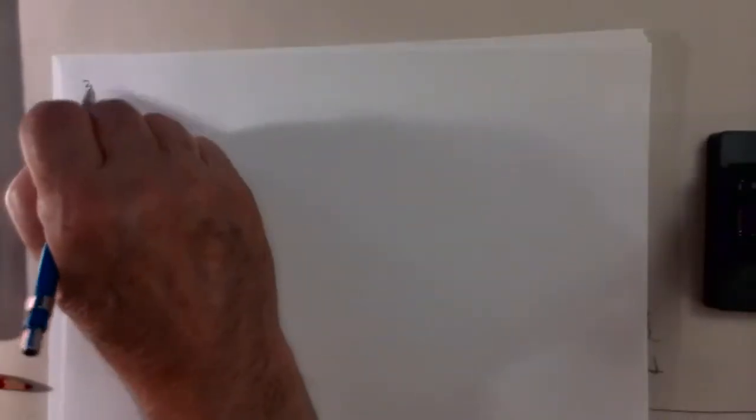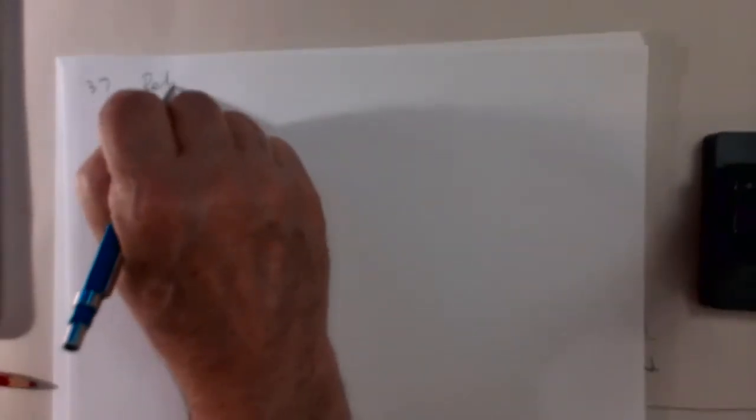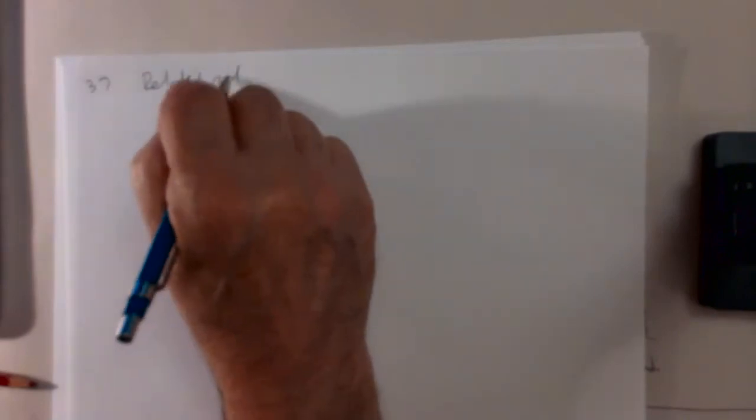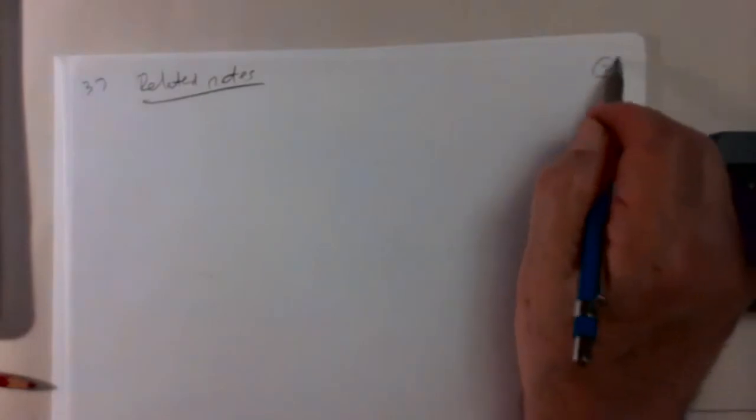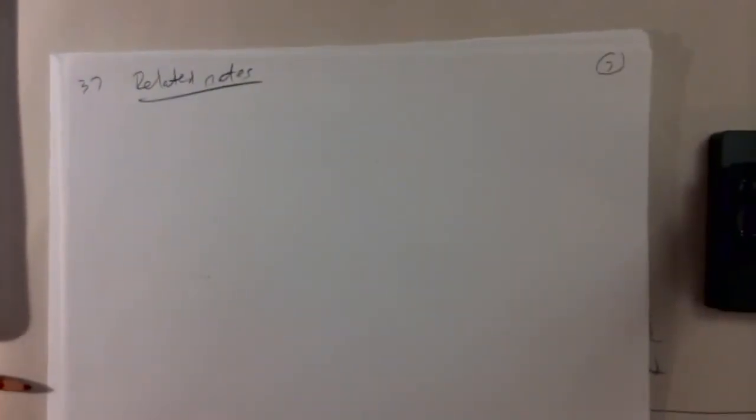But now we start a new section, 3.7, on related rates. So these are applied problems using calculus, and they're interesting, but they take some thinking to get used to a little bit.